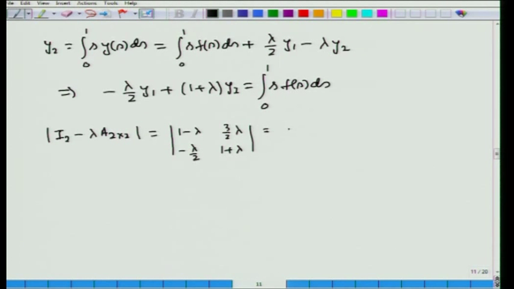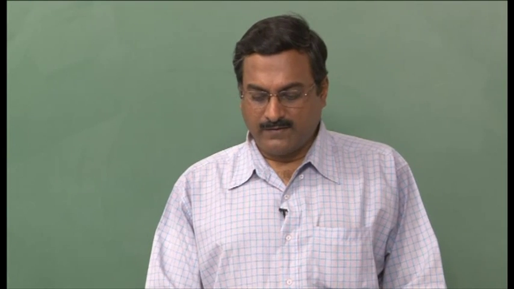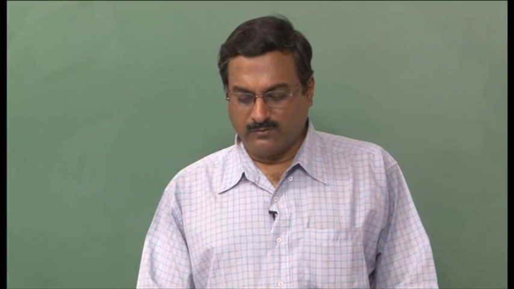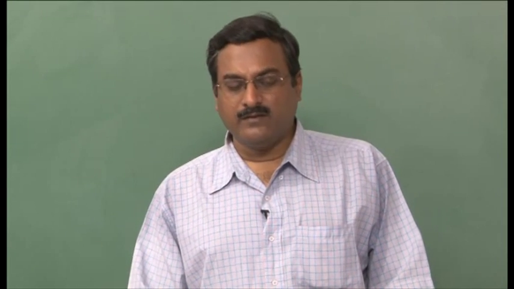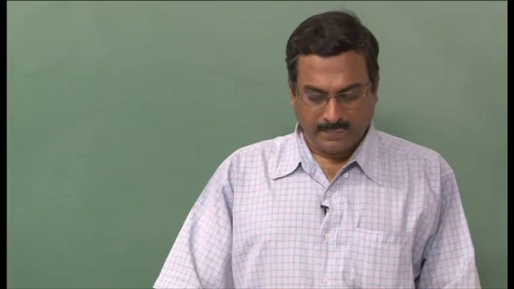So, after simplification it comes out to be 1 minus lambda square by 4. So, in this case we can say that a unique solution exists whenever lambda is not equal to plus minus 2. If lambda is not equal to plus minus 2, whether f(x) equal to 0 or f(x) not equal to 0, we can find a unique solution for the given Fredholm integral equation.